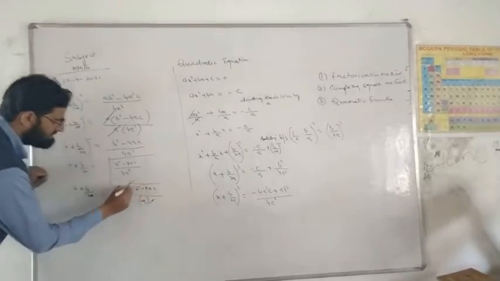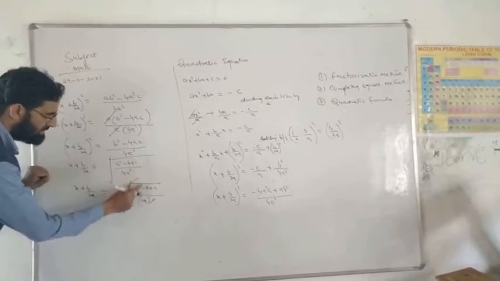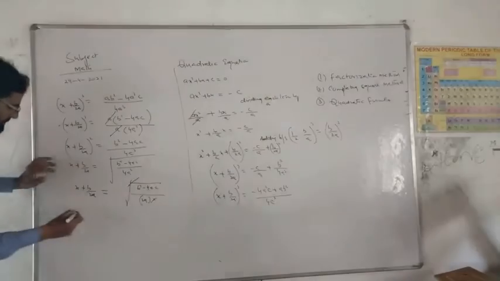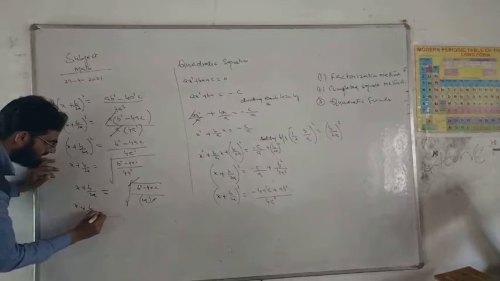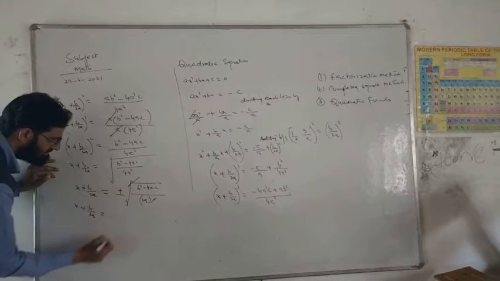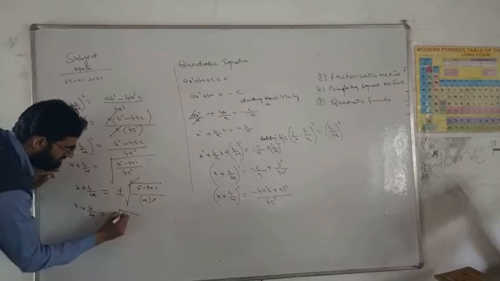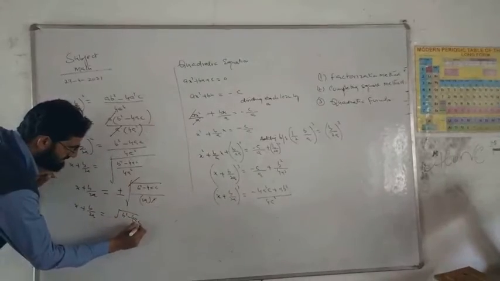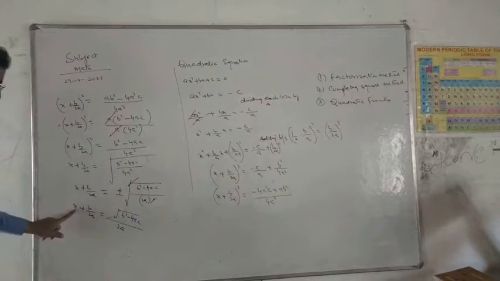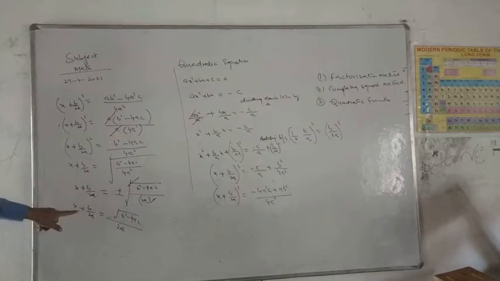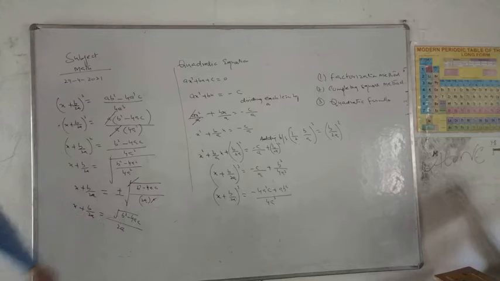Square and root will cancel for this denominator, not for the numerator. So we are left with x plus b by 2a is equivalent to plus minus under root of b square minus 4ac divided by 2a. Now we are supposed to find the value of x, so this term is to be shifted towards the left hand side.